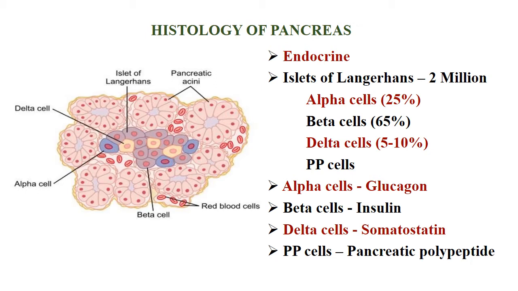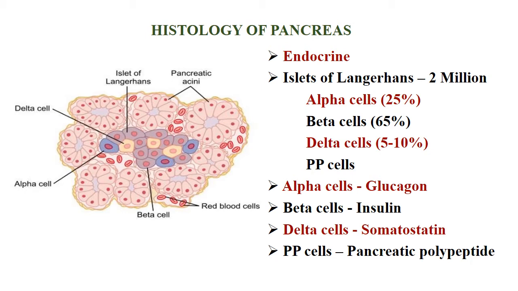Since they are scattered in between the pancreatic acinar cells just like islands, and were first described by Langerhans, these groups of cells are named as islets of Langerhans.